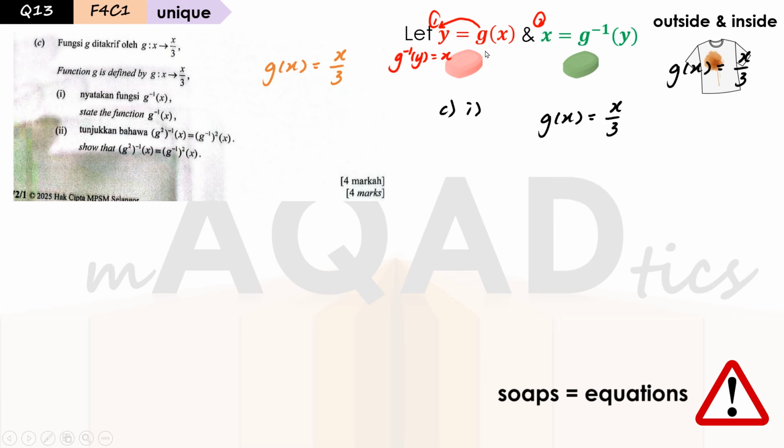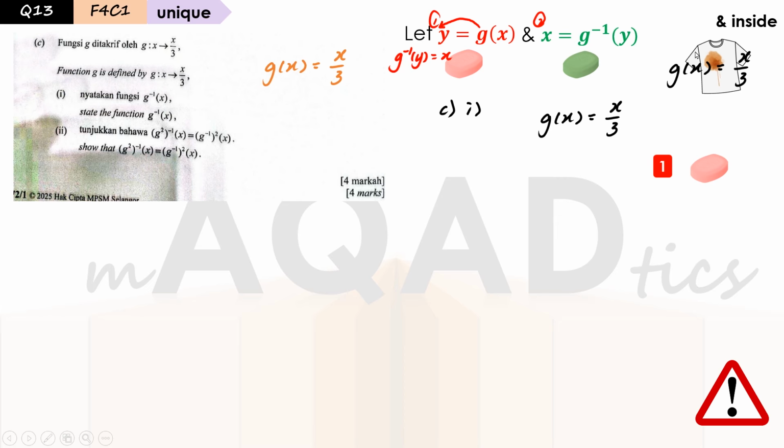Right, so now we have the shirt, the soaps and the equations ready. So how are we going to clean this shirt? We are going to follow these 4 steps. The first step is to apply the soap to the outside of the shirt to clean it.